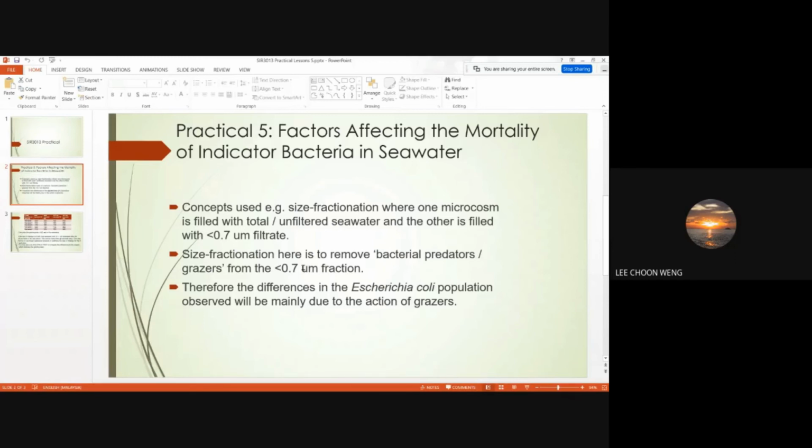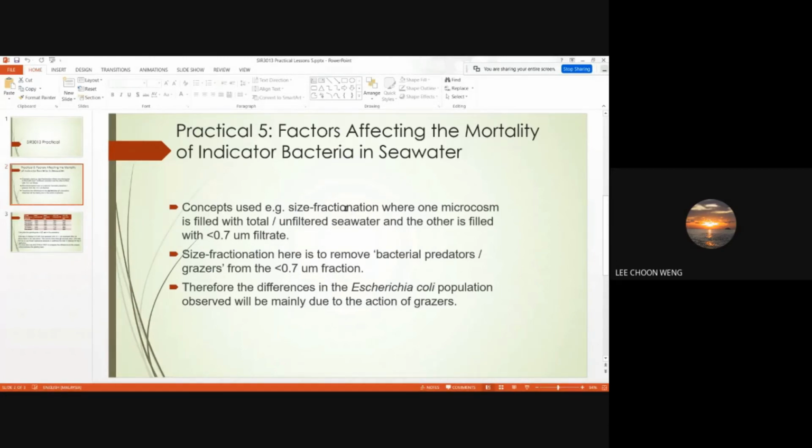So in the less than 0.7 micron fraction, there are no predators. Then in the unfiltered seawater, there are predators. So the difference between them will indicate the action of your grazers, your protozoa.